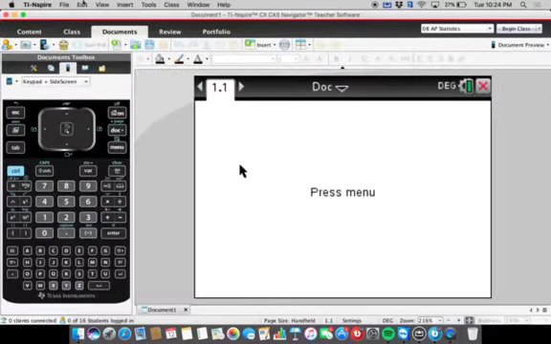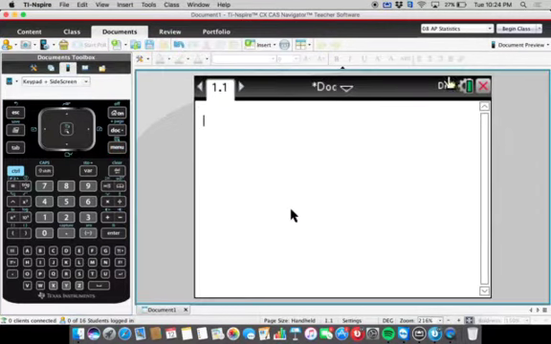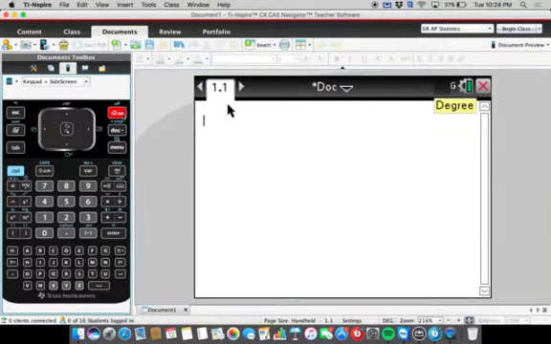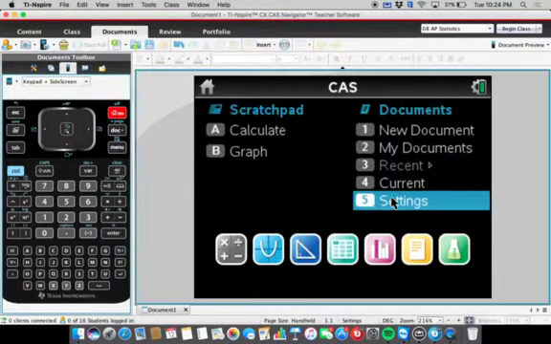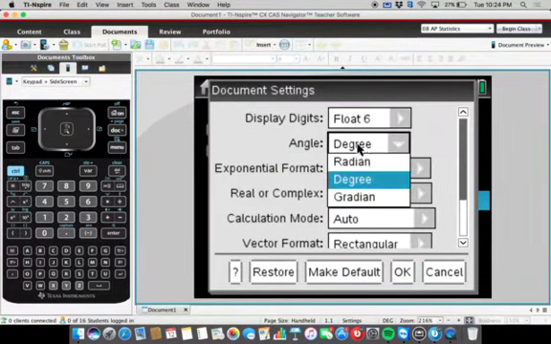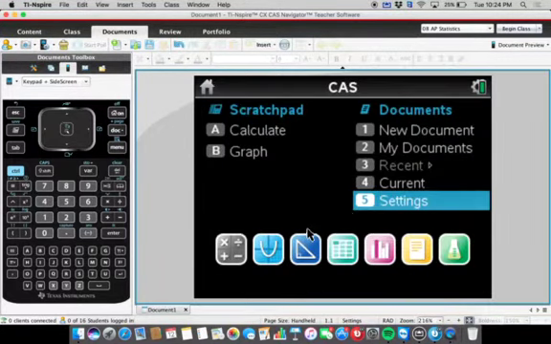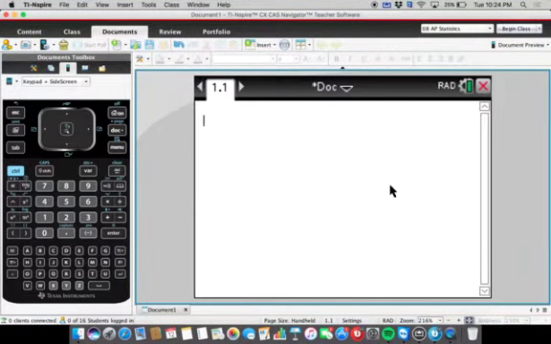On our calculator, remember, go to a calculator page and make sure that yours says radians. Mine says degrees. In case yours says degrees, go to settings, document settings, change this to radian, and make sure you click make default, otherwise it won't do it. Then you can go back to your current document.